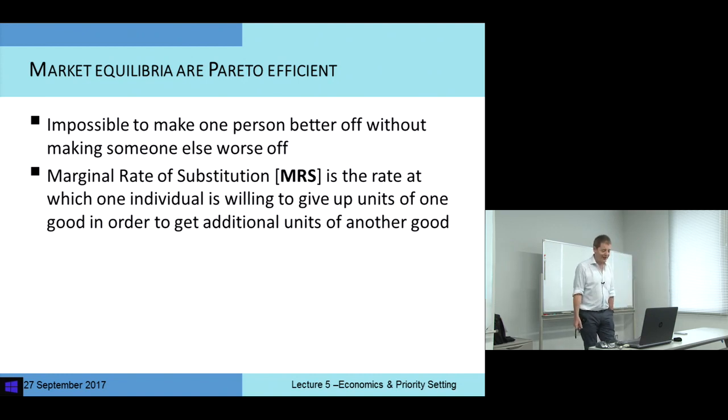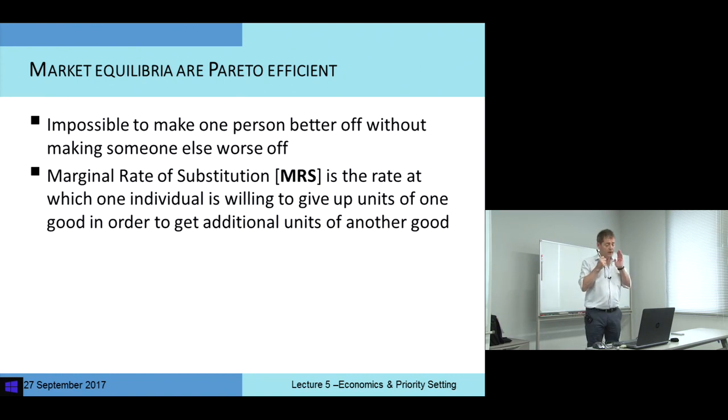Yes, I have to introduce another concept. Marginal rate of substitution, which gets abbreviated to MRS, is the rate at which an individual is willing to give up one good in order to get units of another good.